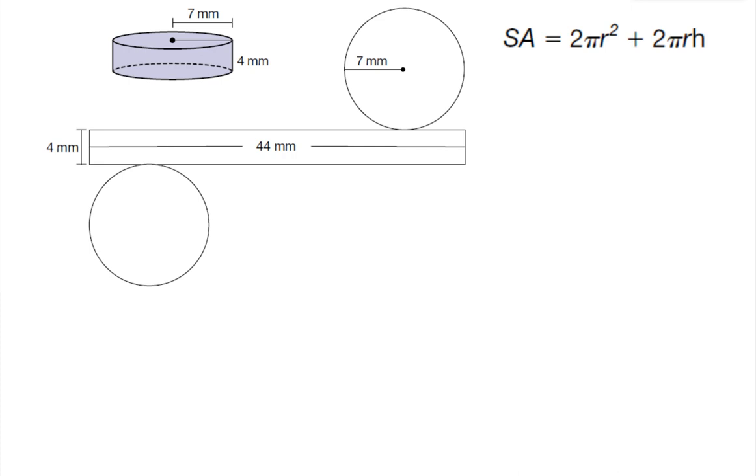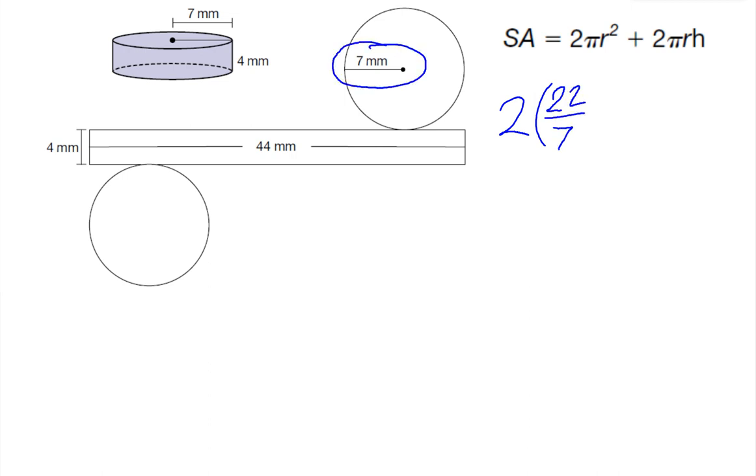Okay, so let's just fill in the numbers, and you can see how that works. So here we have 2 times pi. Well, no, we're actually going to change pi to 22/7 because we have a 7 here, and that'll make it easier. So we have 2 times 22/7 times the radius squared.